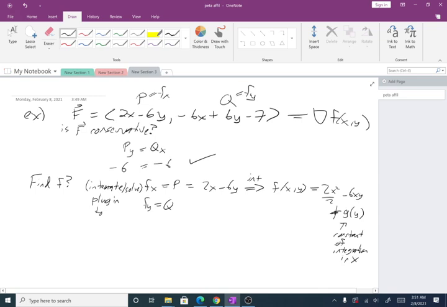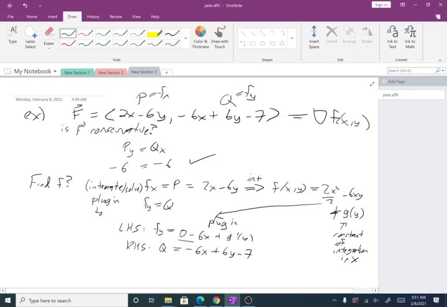And now we plug back in. So the left-hand side, Fy, will now be 0 minus 6x plus g prime of y. And the right-hand side is Q, which we know as minus 6x plus 6y minus 7.